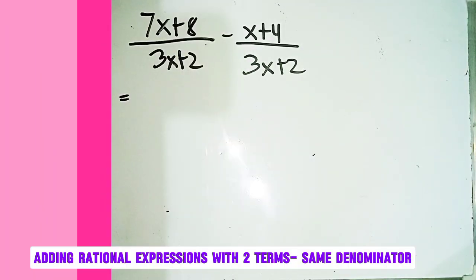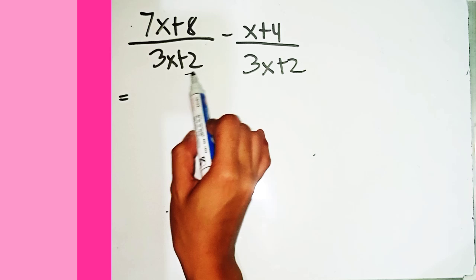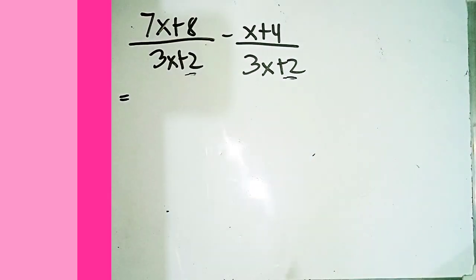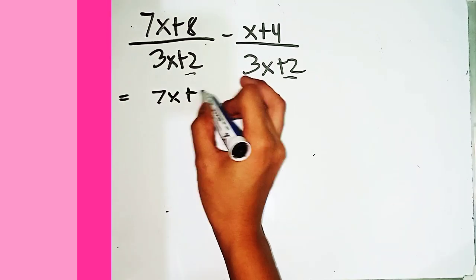We have here 7x plus 8 all over 3x plus 2 minus x plus 4 all over 3x plus 2. So you can notice they do have the same denominator. Okay, so we should just write the fraction and combine the numerator.